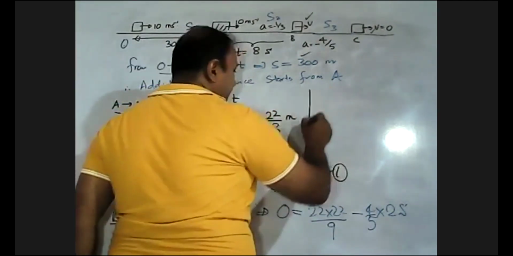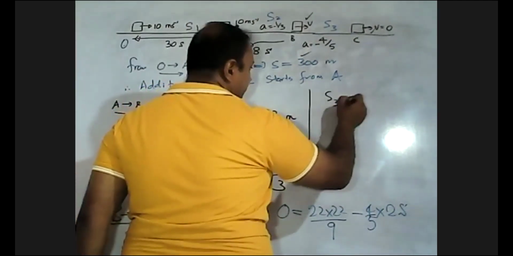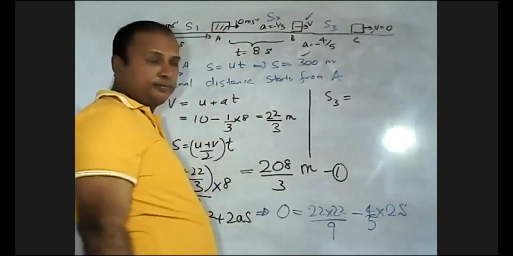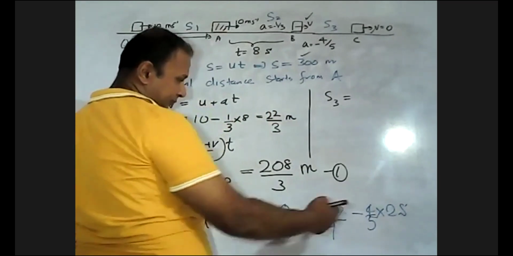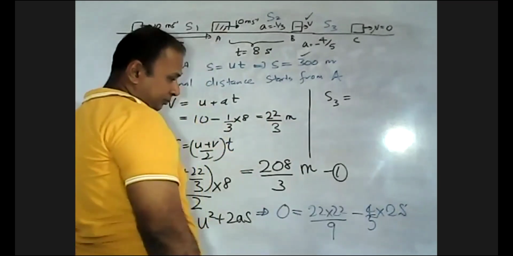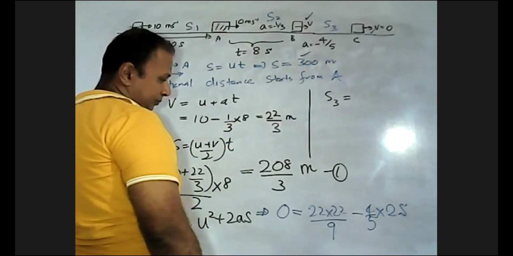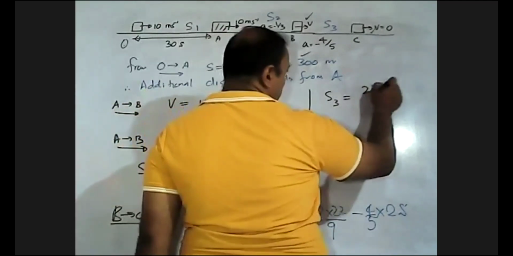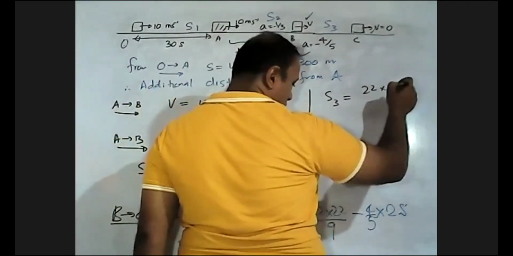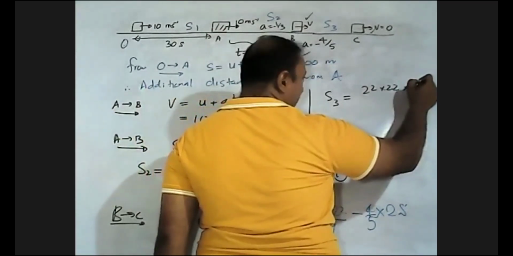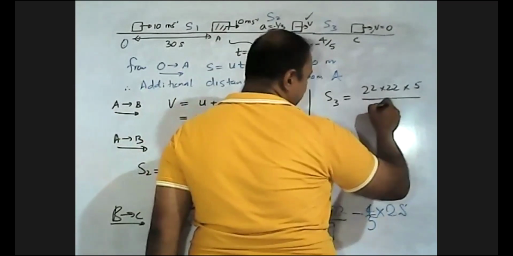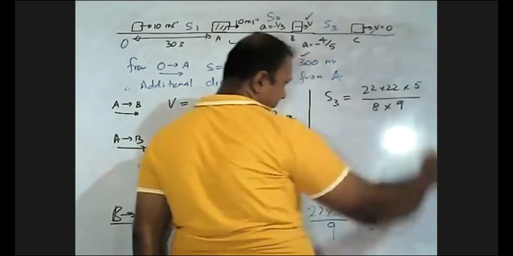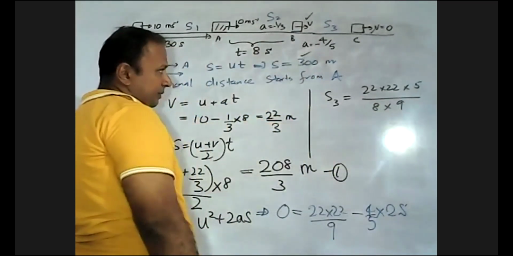Therefore, S3 is equal to this one: 22 into 22 into 5 over 8 into 9.